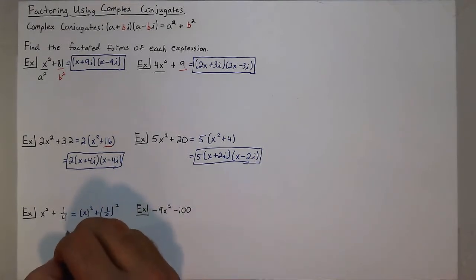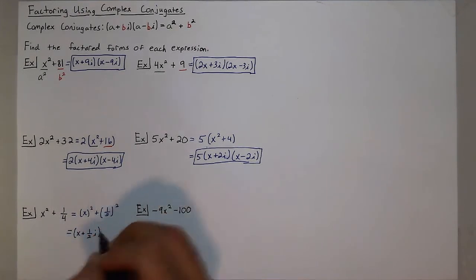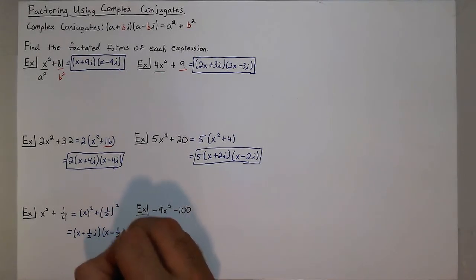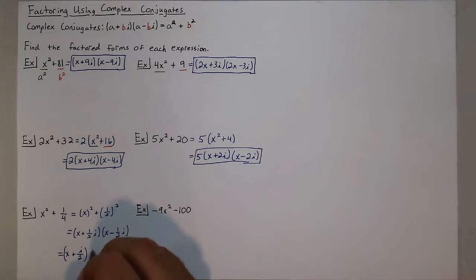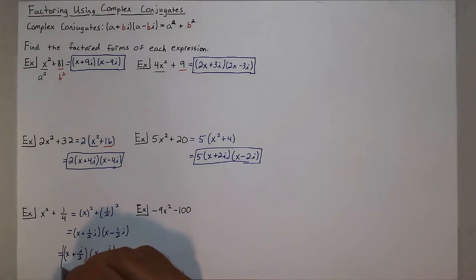So when I factor this, I'll get x plus 1/2 i and x minus 1/2 i, for that sum of two squares. Now you may also see this written as x plus i over 2, because they'll just multiply the two together. But either way of writing it is correct.